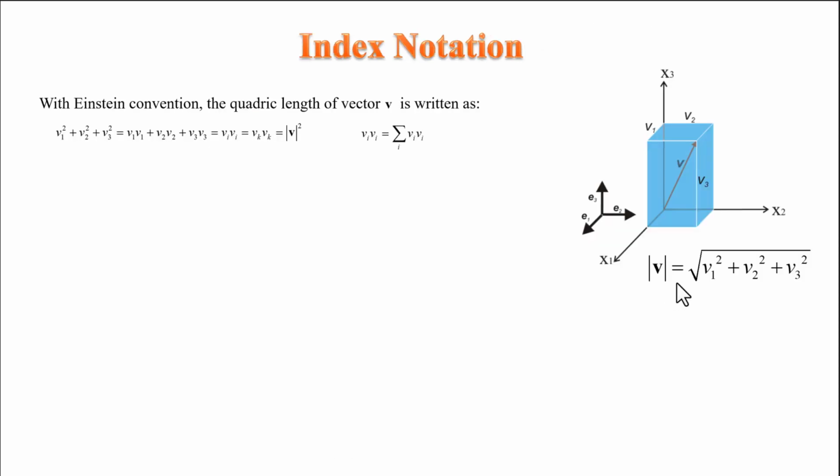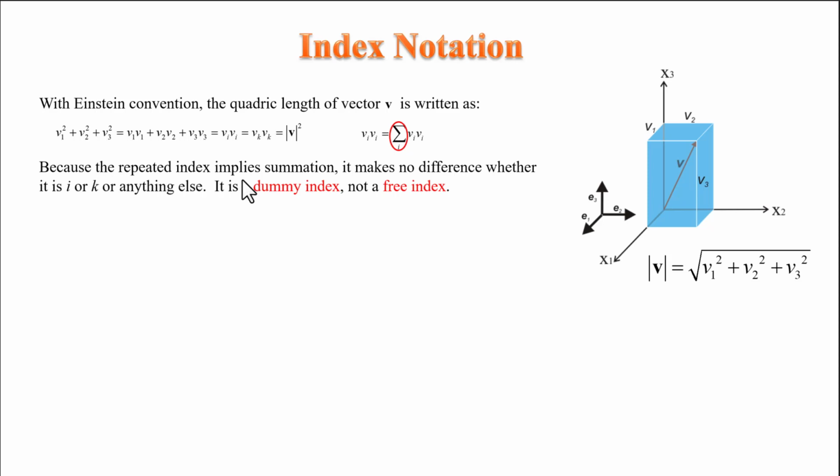The length of a vector is given by this relation, following the Pythagoras theorem. The quadratic length of a vector is represented by this. It's v1 squared plus v2 squared plus v3 squared. It can be written as this. Using Einstein's convention, it's v_i v_i. The index i is repeated. It means it's summed.